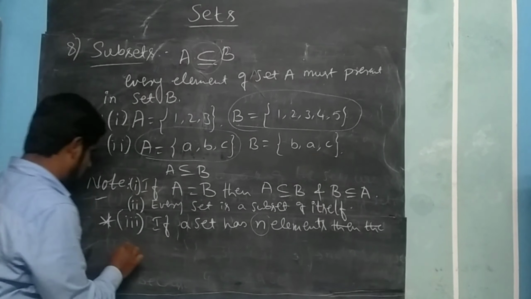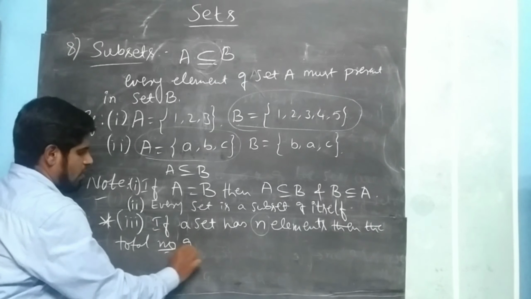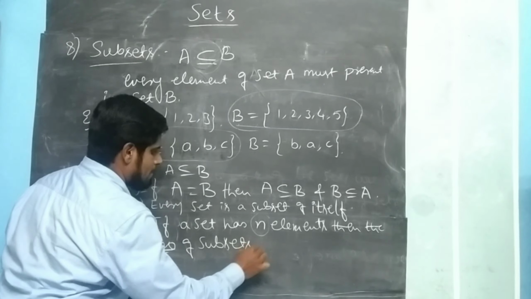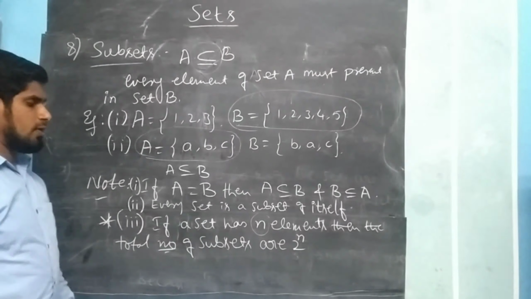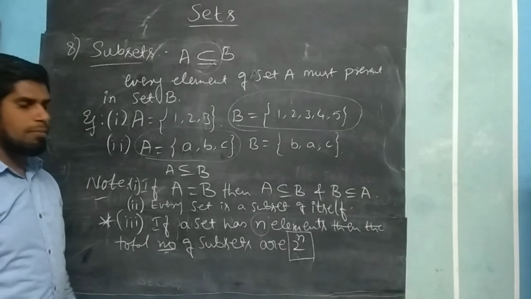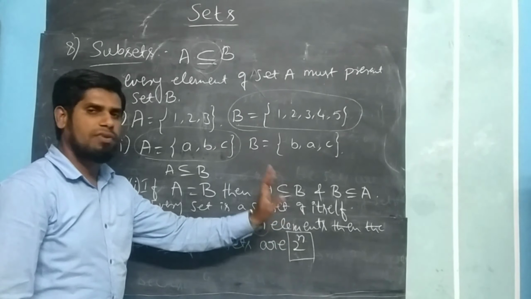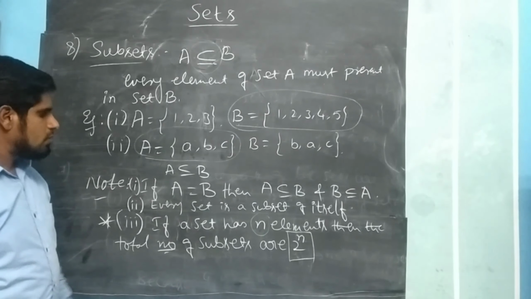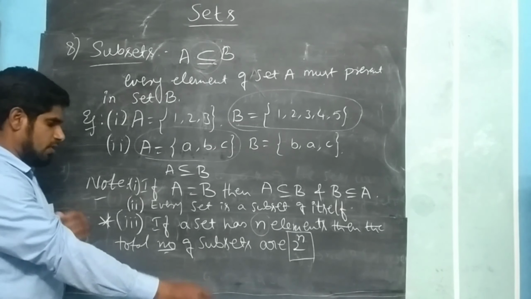the total number of subsets is 2 power n. So this is the formula we will use to find the total number of subsets of a set which has n number of elements. n is any number, it can be 2, 3, 4, 5, any number.